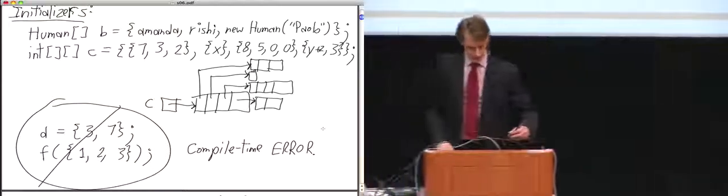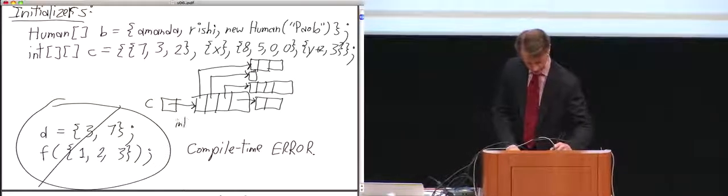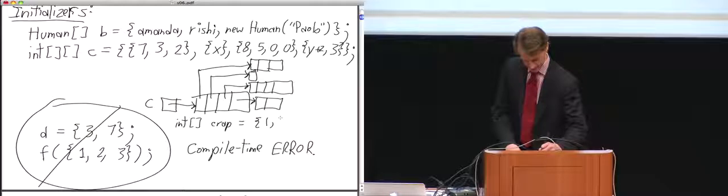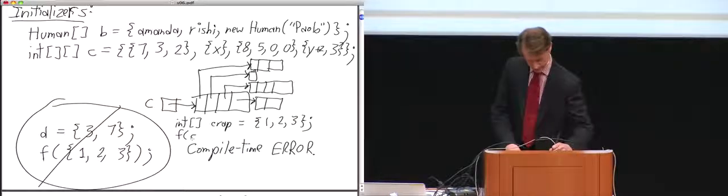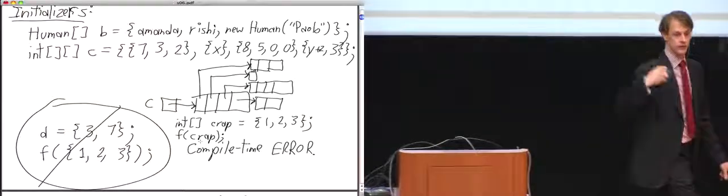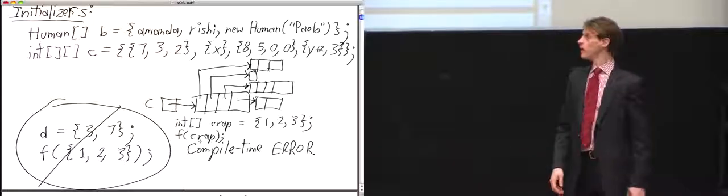So one way to get around this is just to say int and some throwaway name that you don't care about. And then you can do that. So this is something that you can do. This will work, because the first line is an initializer of a declaration.